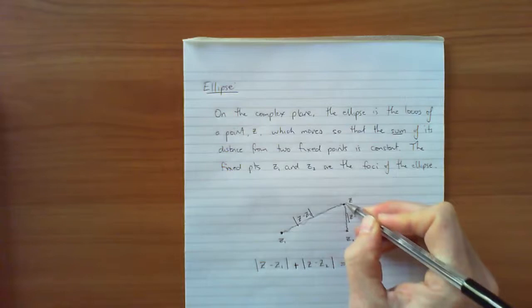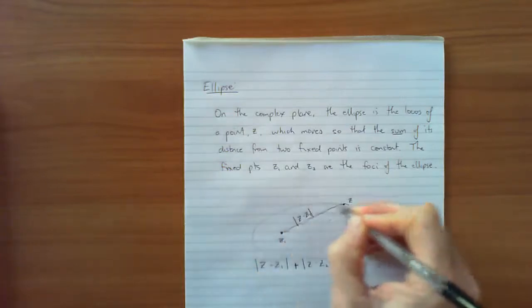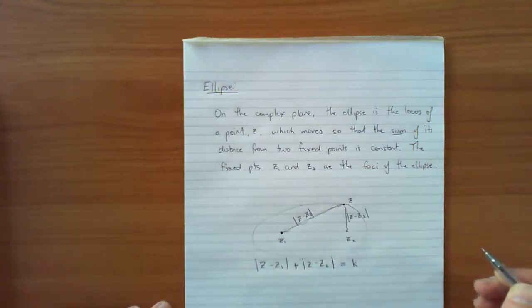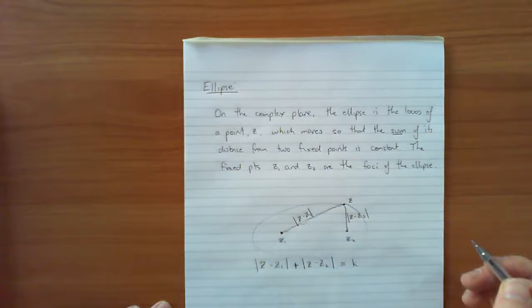What we would actually do is form an ellipse with z1 and z2 being the foci.